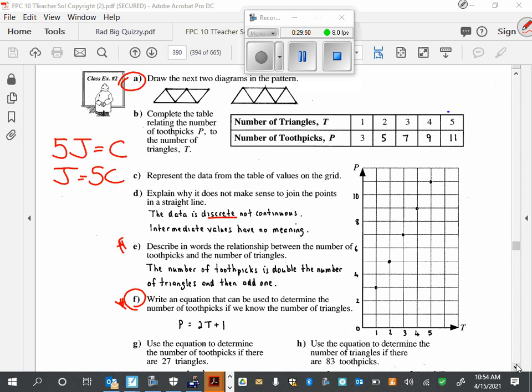Your brain tells you this one because J has got a big number in front of it, but no. J needs 5 times his money to equal my money. So it's important that you know that the big number here is P. So you don't put T equals 2P plus 1, you put P equals 2T plus 1.